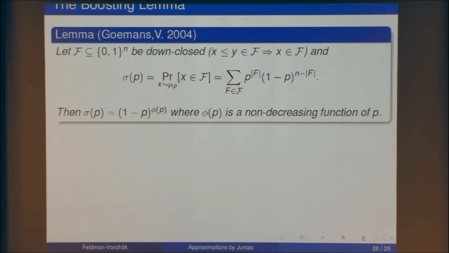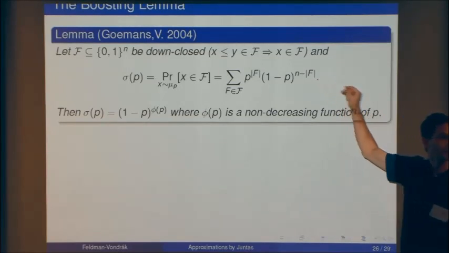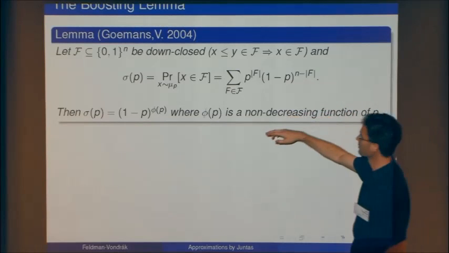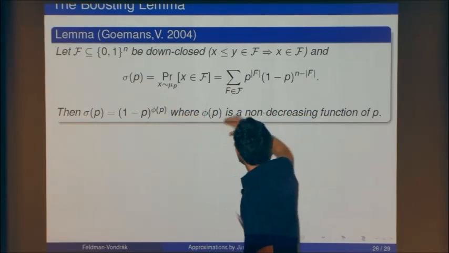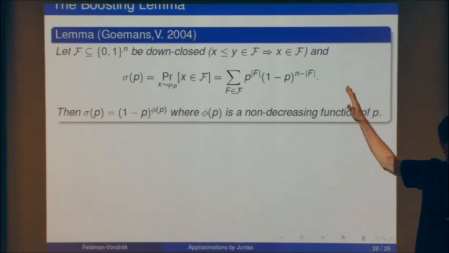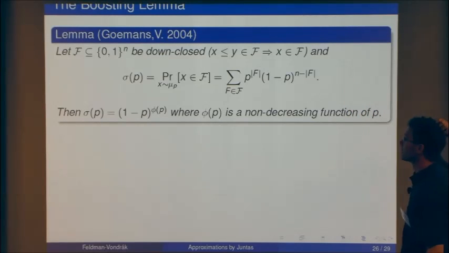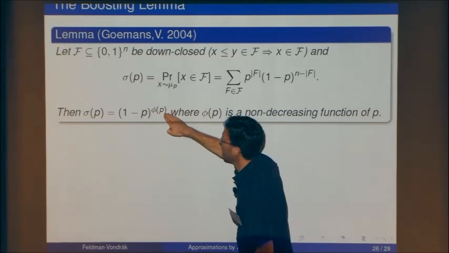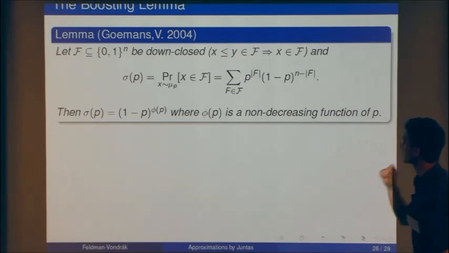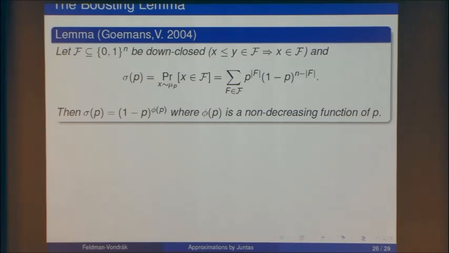The proof is not as simple as that. You prove it by induction on the size of the ground set. You differentiate this function, and you get some kind of induction on the size of the ground set, and you prove that this function has to be non-decreasing. It's not very complicated, but it's a good point.